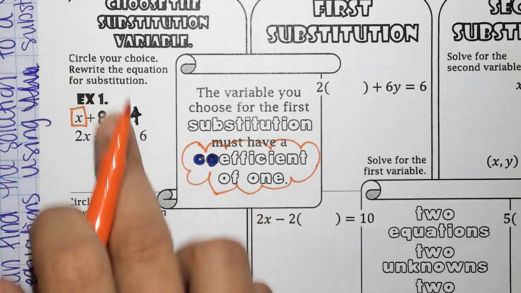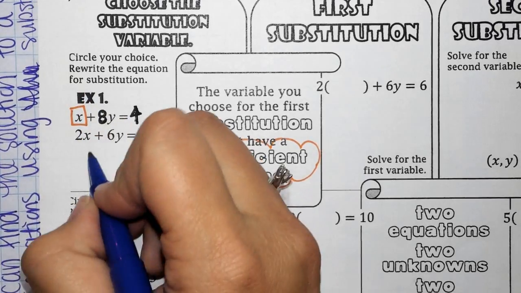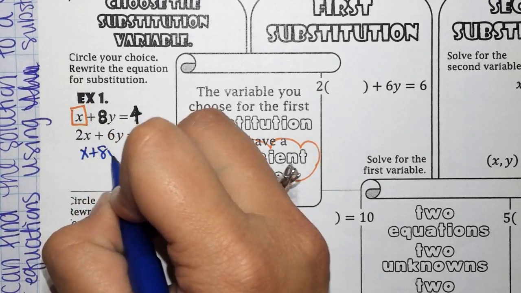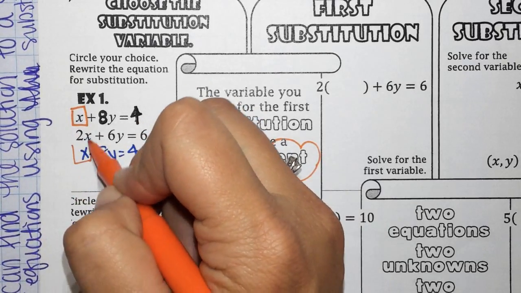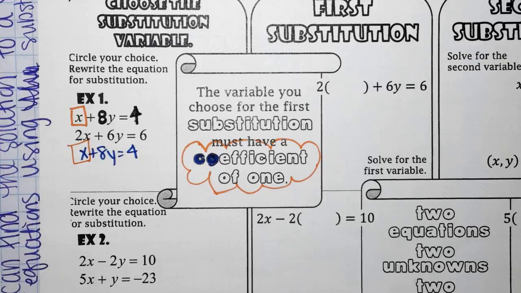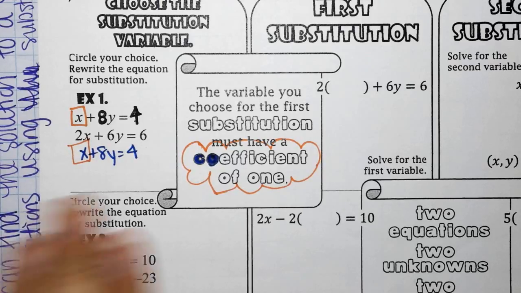Now, what we're going to do is bring this x plus 8y equals 4 and write it right here. And again, we're solving for x. Who can tell me how we solve for x? Damien? Tell me exactly what to do.